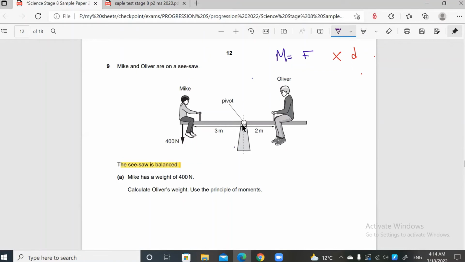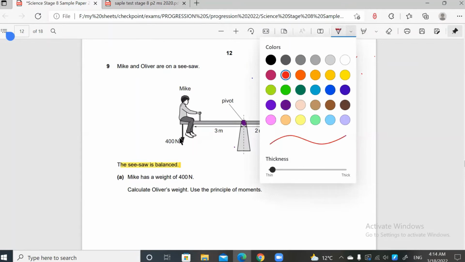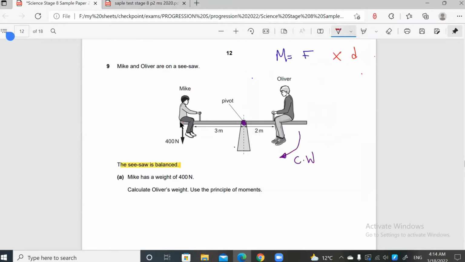This is the pivot. When Oliver sits on the seesaw, he exerts a moment acting downward in a clockwise direction, while Mike exerts a moment that acts in an anti-clockwise direction.